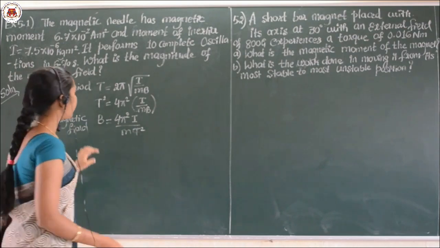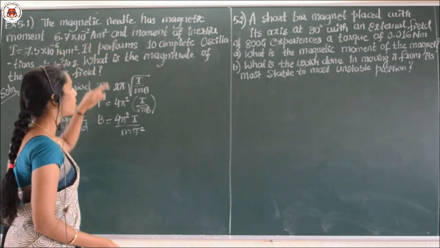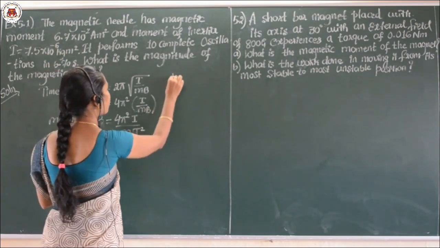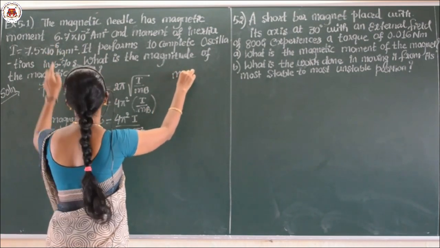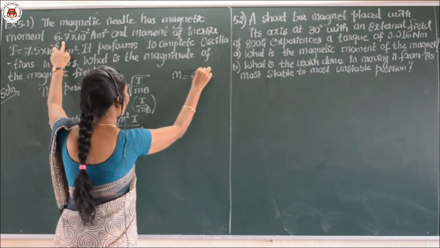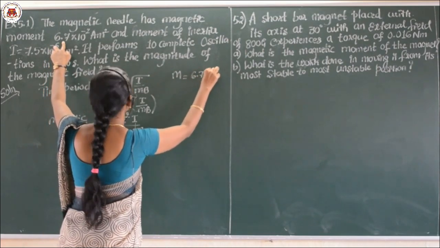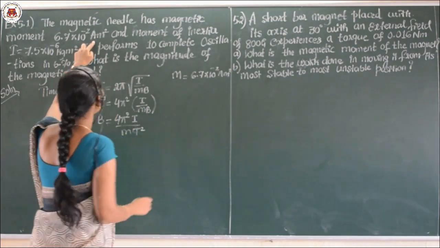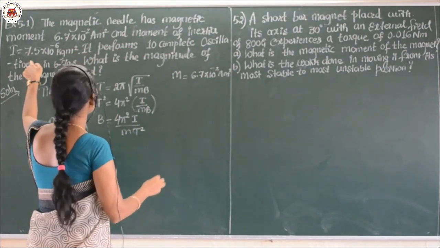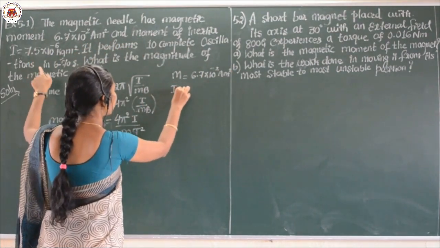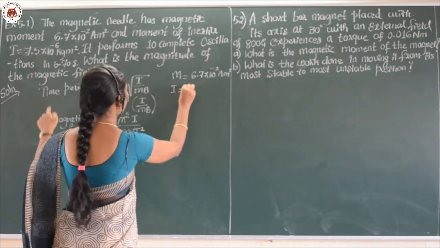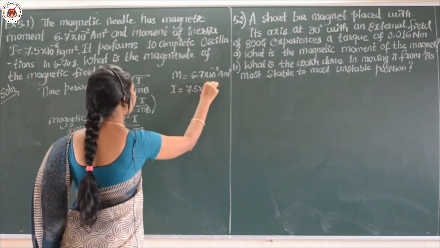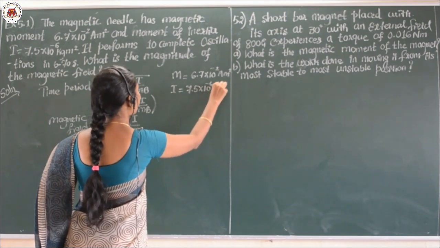Am I clear? Then check the given data here. Magnetic moment m is 6.7 into 10 raised to minus 2 ampere meter square. The moment of inertia I is 7.5 into 10 raised to minus 6 kg meter square.